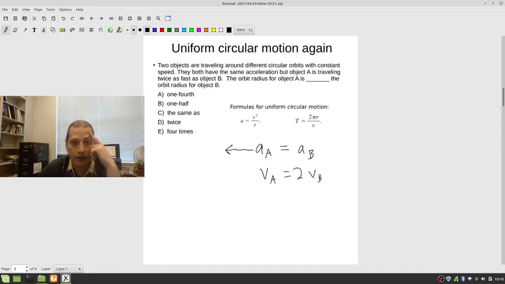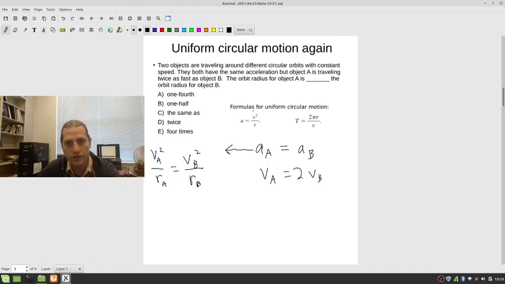Well, let's expand out this acceleration equals acceleration, because I know a little bit about the connection between the acceleration and the speed from this centripetal acceleration formula. So vA squared over rA equals vB squared over rB.